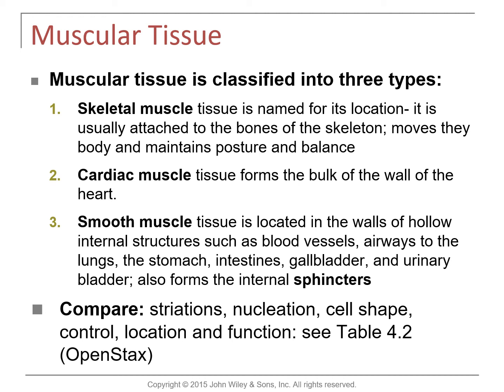Also describe the shape of the cells, as we mentioned, and be able to compare these features for each type of muscle cell and muscle tissue. Note that muscular tissue is also considered excitable tissue because it can respond to and generate electrical impulses.